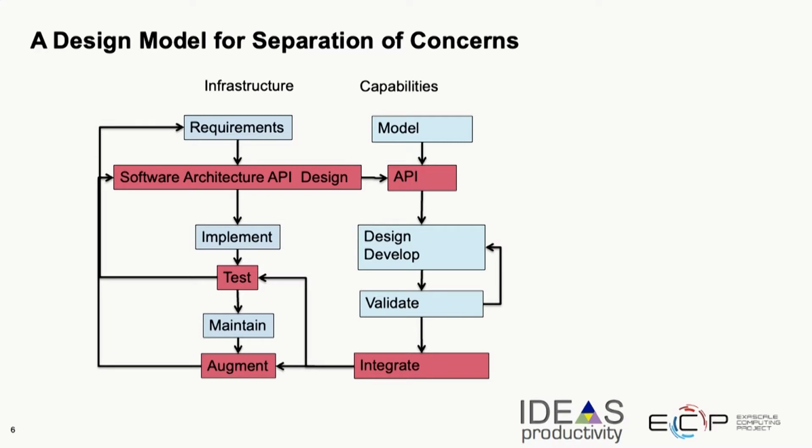Sometimes you need more features from the infrastructure than it already had, and therefore you may need to do some augmentation. But what this is still allowing you to do is have your numerics developed, designed and validated, say in Python or MATLAB, before you need to integrate it into the code, and then you can go ahead and integrate it overall into the code and you're good to go.